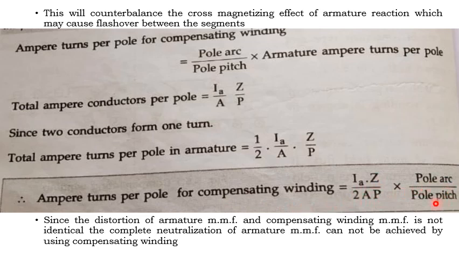Since the distortion of armature MMF and compensating winding MMF is not identical, the complete neutralization of armature MMF cannot be achieved by using the compensating winding. So only a part of the armature MMF can be neutralized by this method.